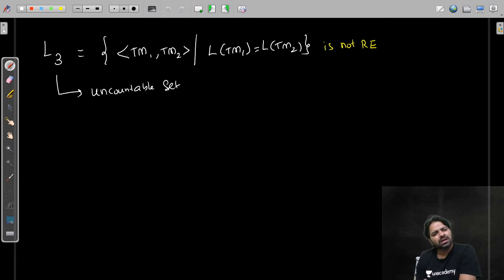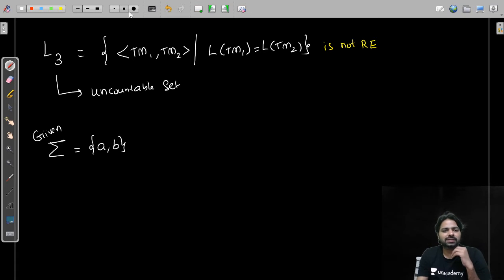Not only this, you have so many other problems too. Sigma is always, let's say, equal to {a, b}. Assume that this is given to you, any finite set. Sigma is an alphabet, a finite alphabet.